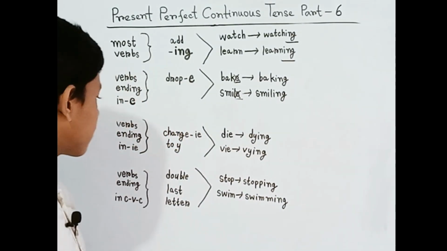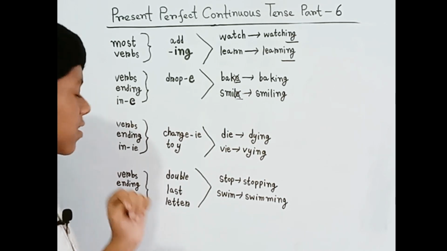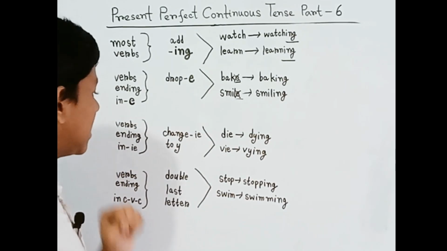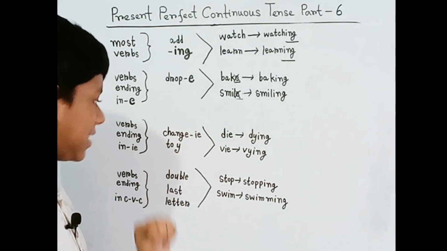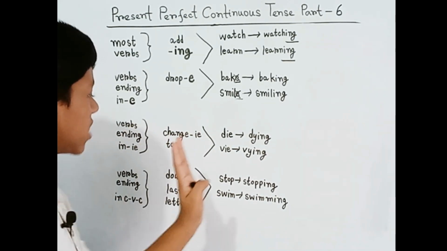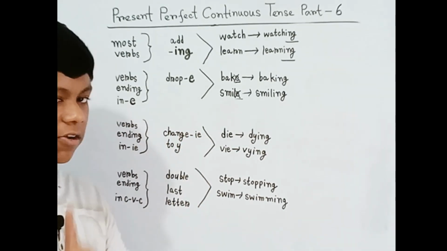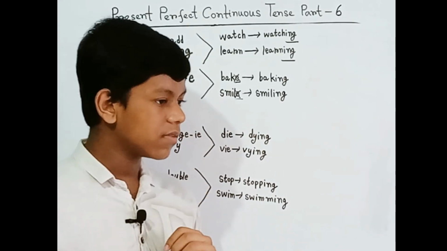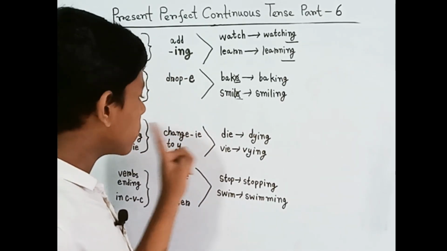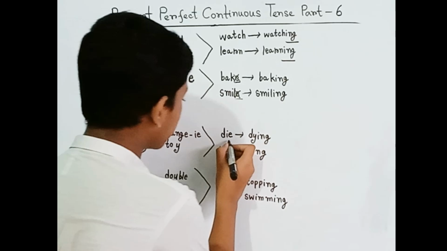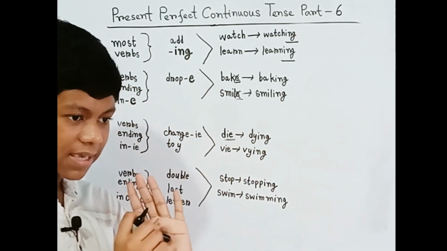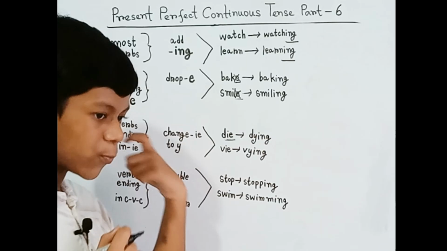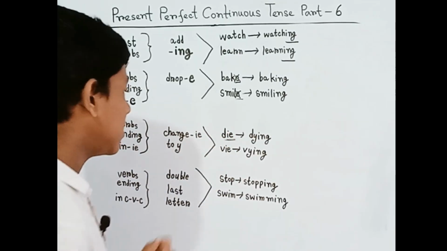The next is when verbs end in IE. Then we have to change the IE to Y. Here's how it works. This verb ends with IE, so we have to put the Y instead of IE.